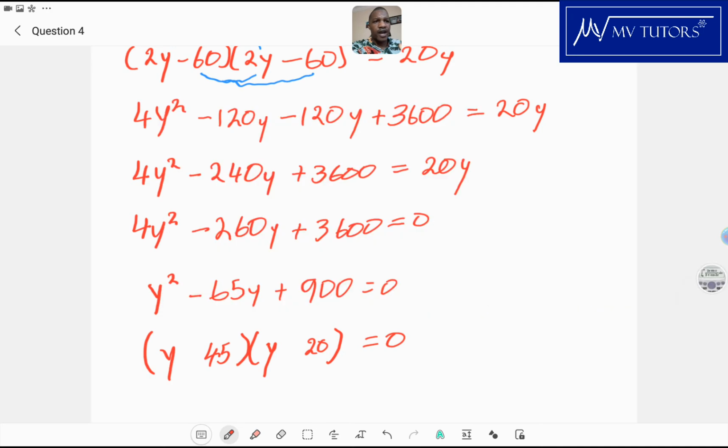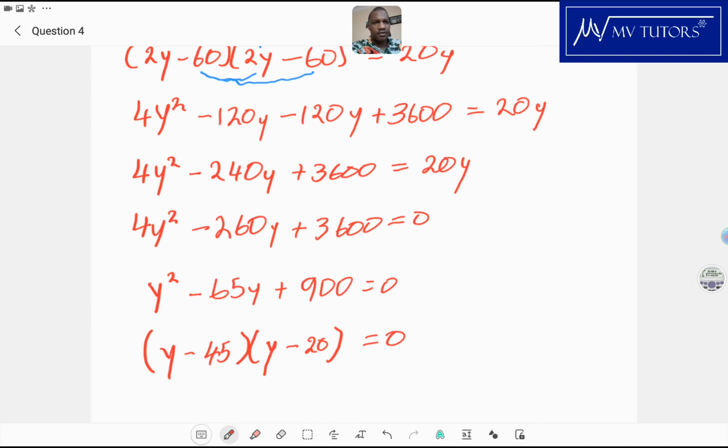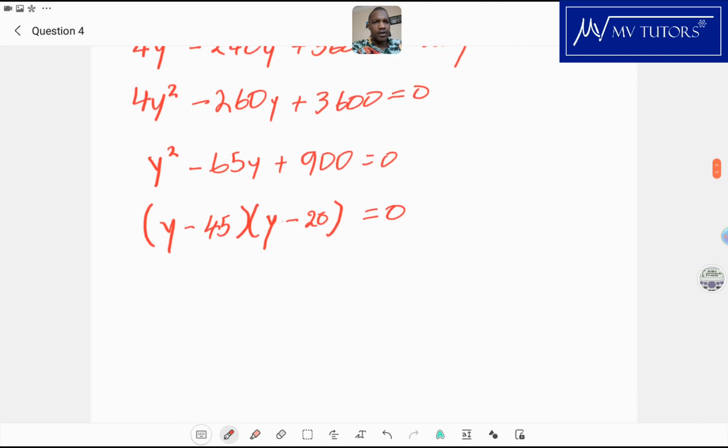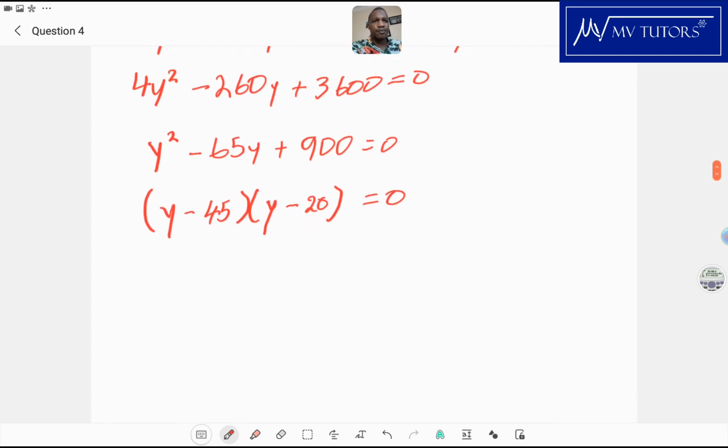Now for my sign, if I multiply them, they'll give me 900. For the sign, I will get it from this term here. It should be negative. So negative 45 minus 20 will give me negative 65. So that's how I determine my signs over there.